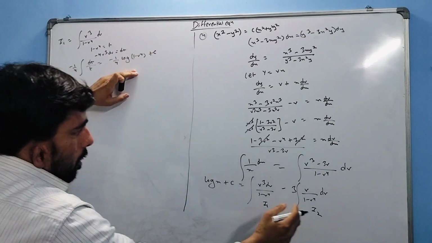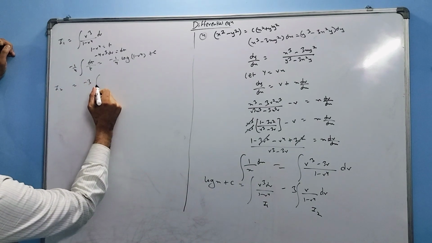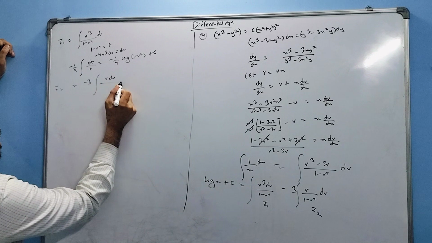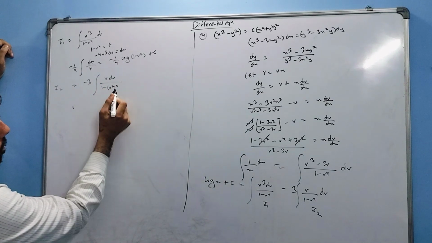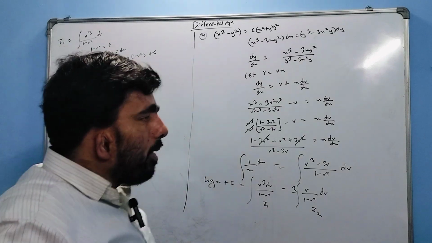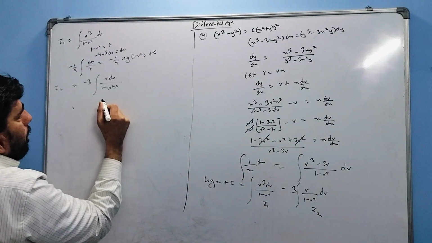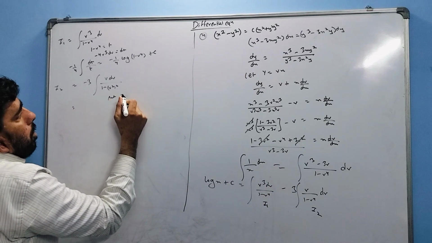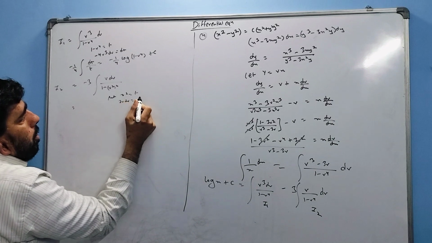Now let's take I2. What we can do, in I2 we can take v dv upon 1 minus v^4. I can write v raised to 4 as v square whole square. Okay, so now let us see what we can do. Put v square is equal to t, so that 2v dv is equal to dt.